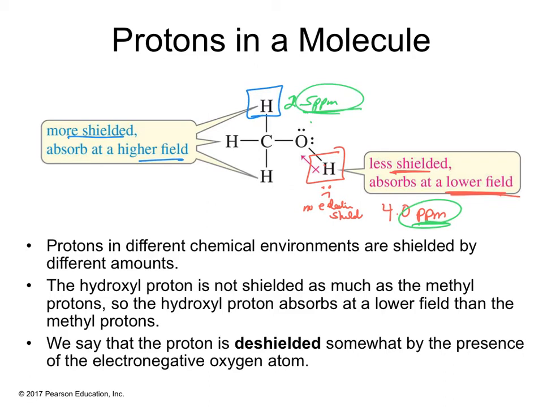So you need to know the units. So we say that a proton is deshielded somewhat by the presence of the electronegative oxygen atom. So the oxygen is pulling the electrons, and you're deshielding it from the magnet.